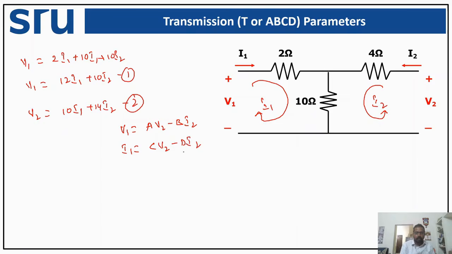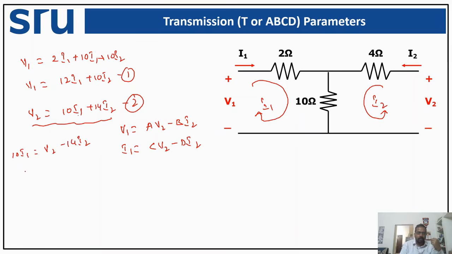If you observe carefully, we have here two currents I1, I2 and V2, and in this second equation also we have I1, I2 and V2. So let us rearrange this equation in this way. We need I1 on the left hand side and the remaining on the right hand side. So it is 10 I1 is equal to V2 minus 14 I2.